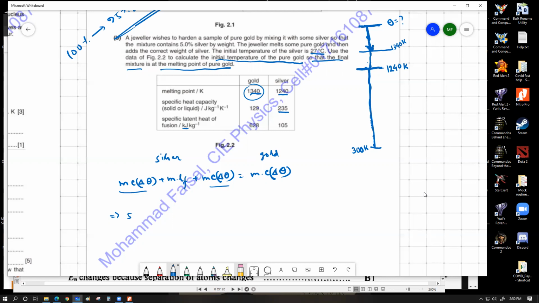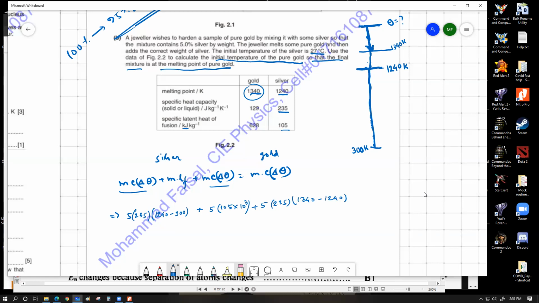So 5 into 235 into 1240 minus 300, plus 5 into latent heat of fusion 105 10 to the power 3, plus 5 into 235 into 1340 minus 1240.